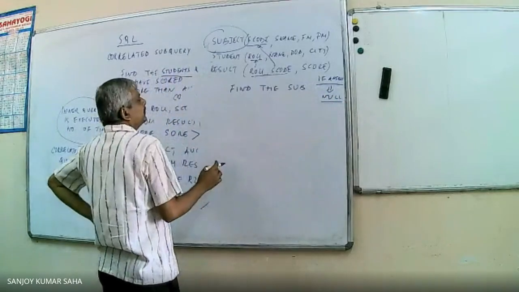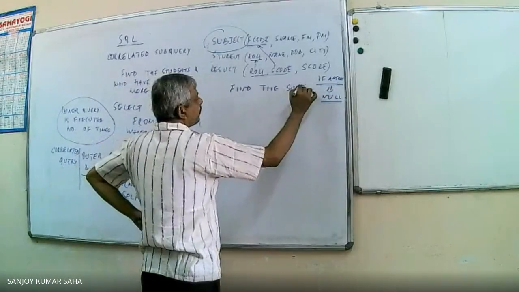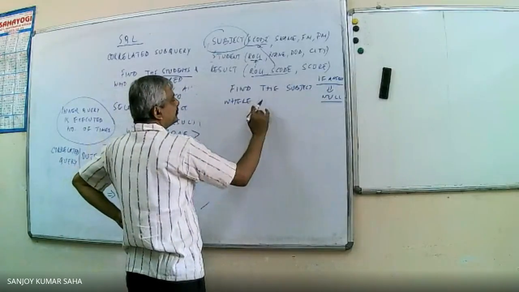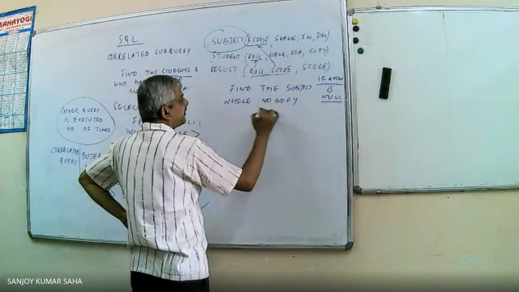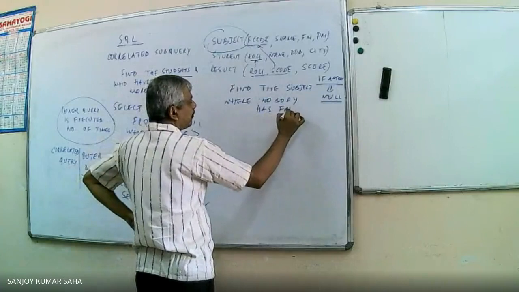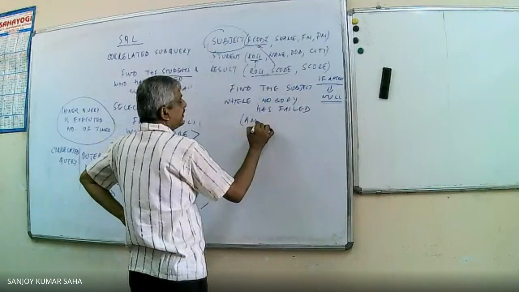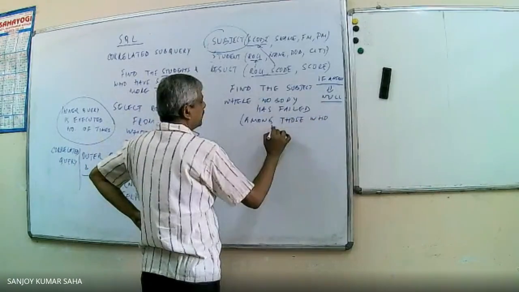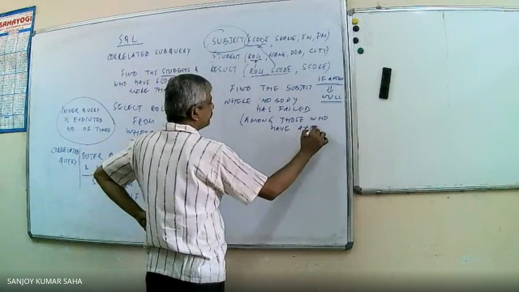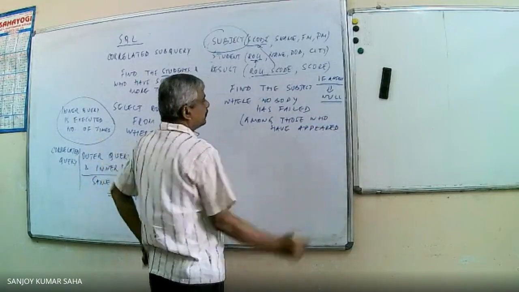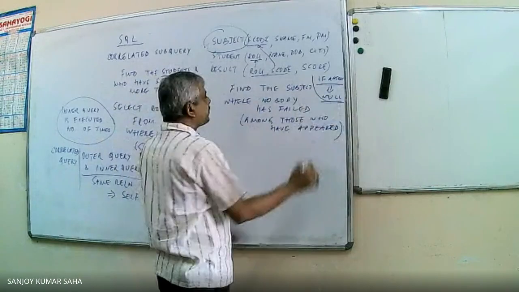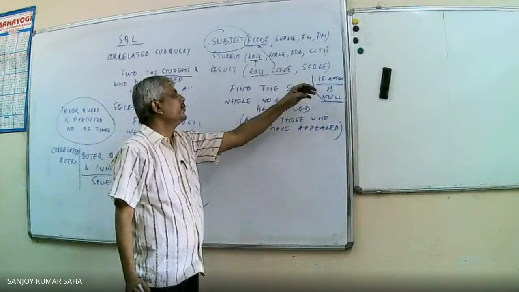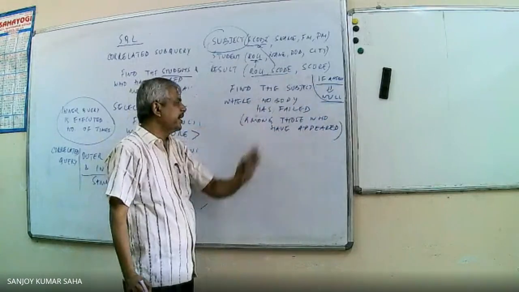Let us say, find the subject where nobody has failed, among those who appeared. So we have assumed if somebody is absent, then also there is an entry with null there. Or if somebody is absent, I will not put it, then forget it.